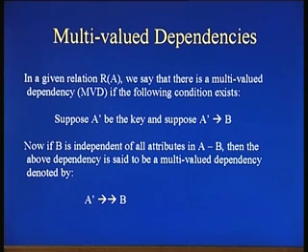Now what is a multi-valued dependency in a more formal fashion? Suppose in a given relation A, there is a non-trivial functional dependency of the form A prime determines B. And suppose A prime is also a key because it is in BCNF. Now suppose B is completely independent of all other attributes of the relation, then we say that there is a multi-valued dependency.